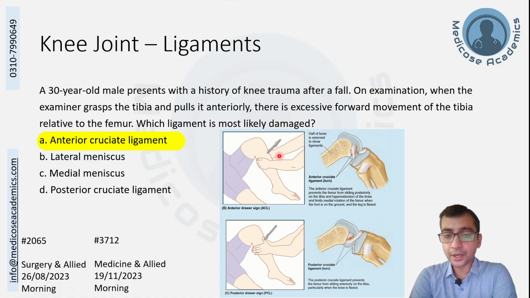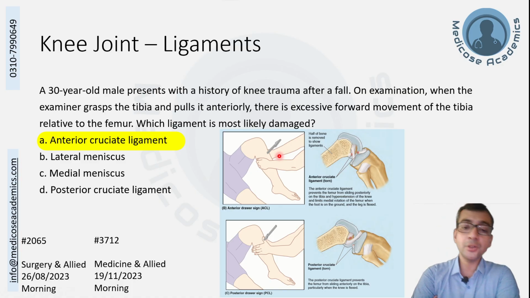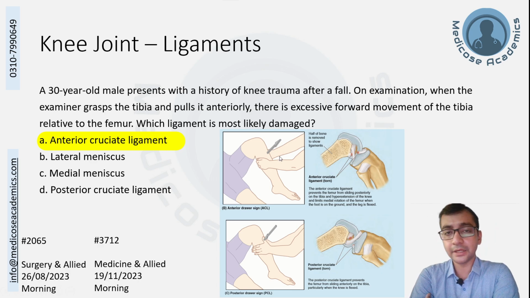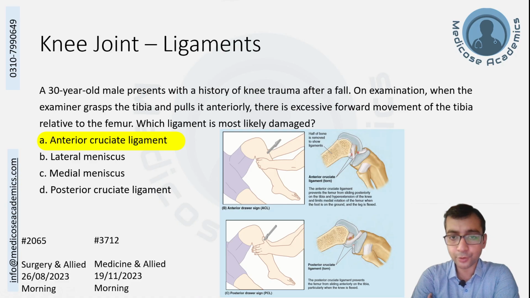The confusion occurs when you are not asked about the movement of the tibia relative to the femur. You are asked a question regarding the movement of the femur relative to the tibia. So I would suggest here to make up your mind with the tibia, then reverse it. Let me give you an example. If you are thinking what movement becomes excessive after anterior cruciate ligament tear?